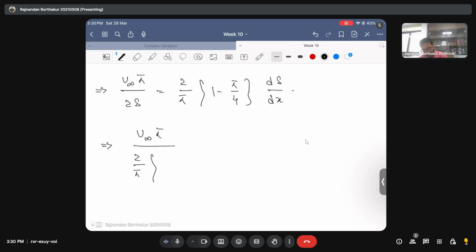I can't simplify it further, that was a mistake, so let's just keep it as 1 minus pi by 4, and then there is going to be this dx.